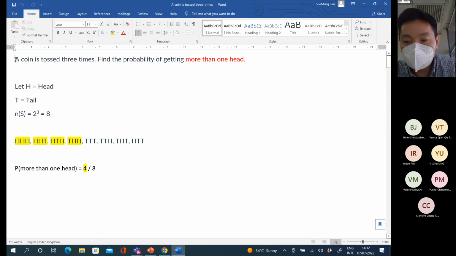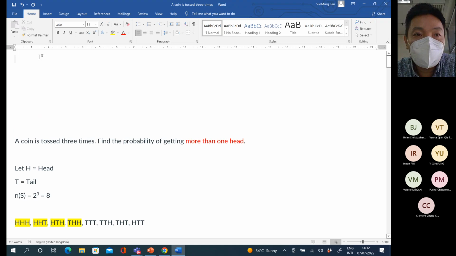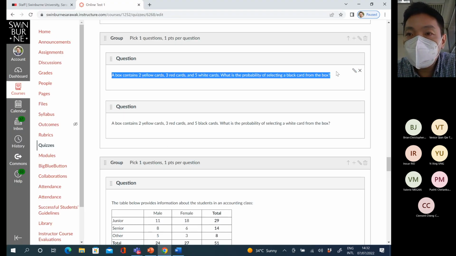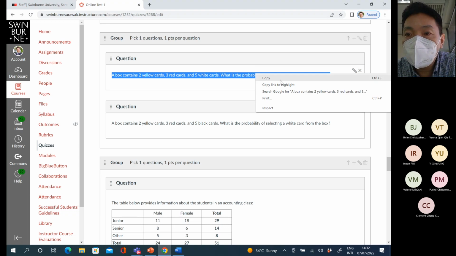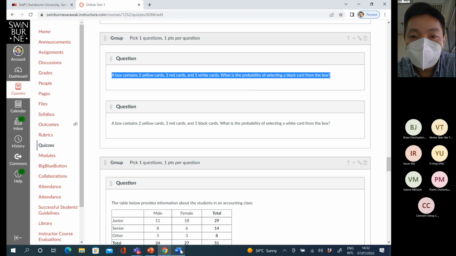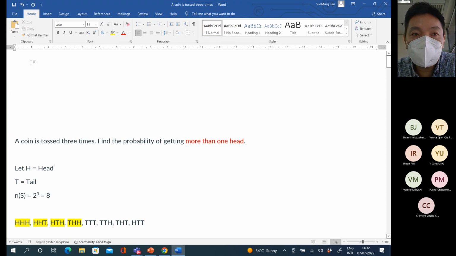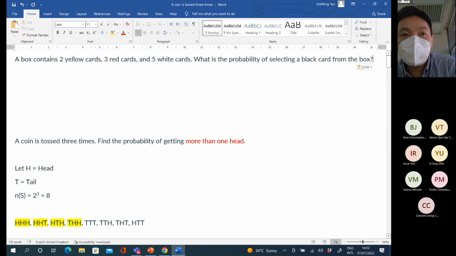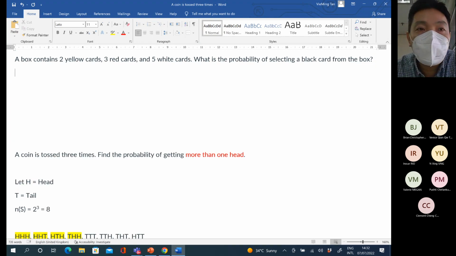Okay, so this question only involves one event. A box consists of 2 yellow cards, 3 red cards, and 5 white cards. What is the probability of getting a black card from the box?